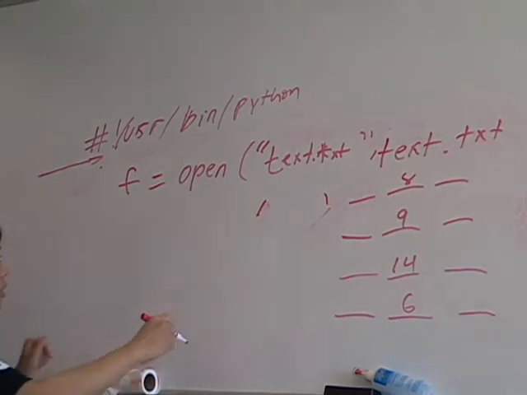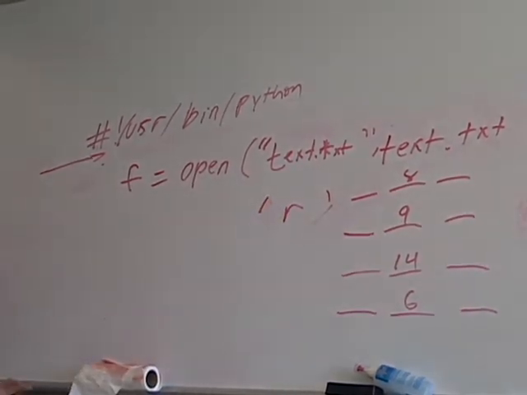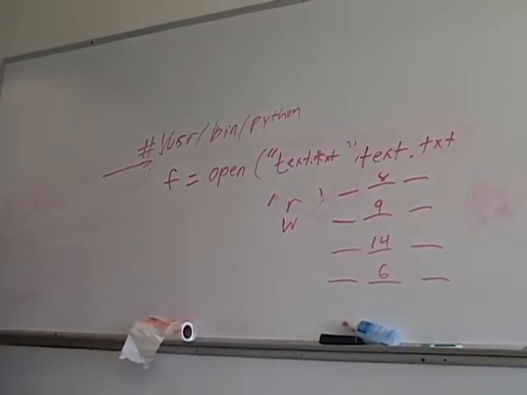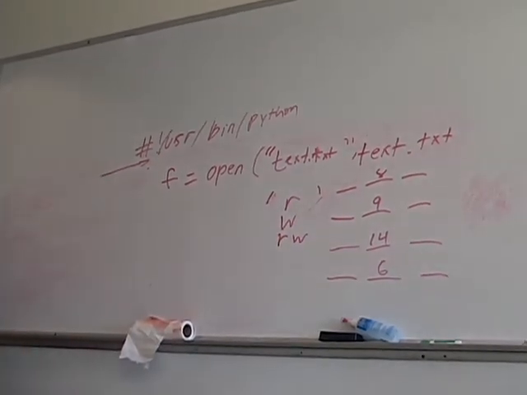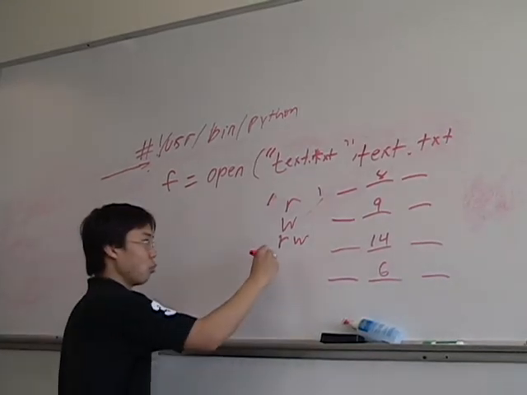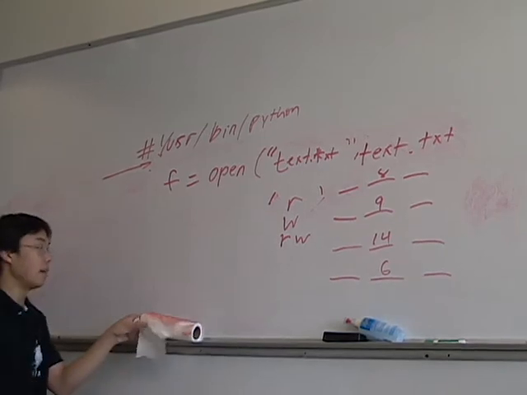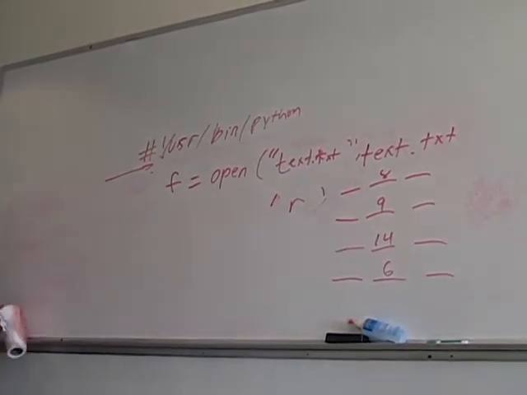There are a few types. R means you only want to read the file. W means you want to only write to the file. RW means you want to read and write to the file. And then you get all these weird ones, which I'm not going to discuss. Most of the time, you're only going to use the R argument.